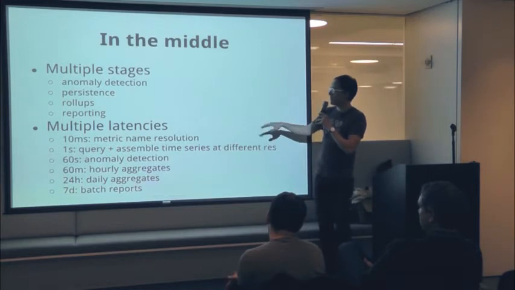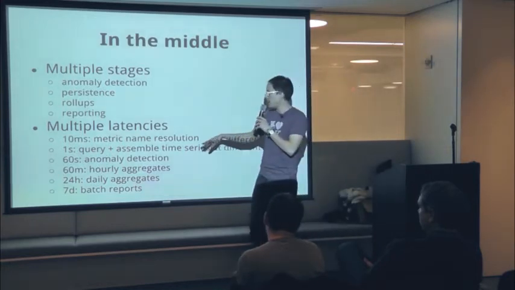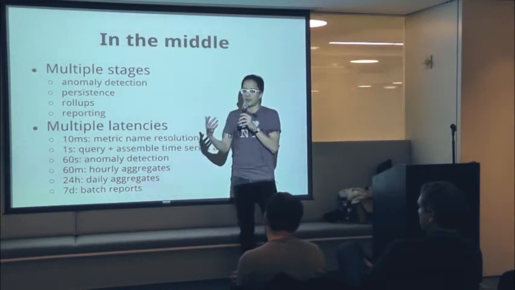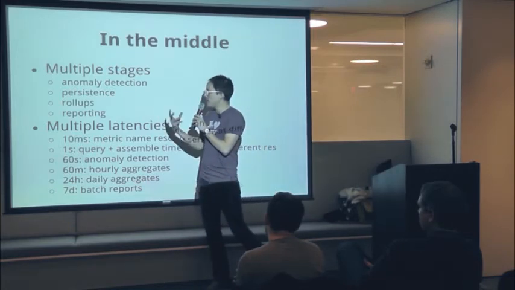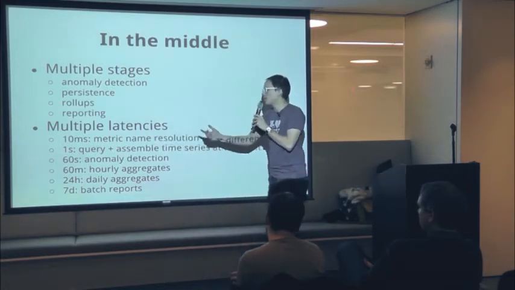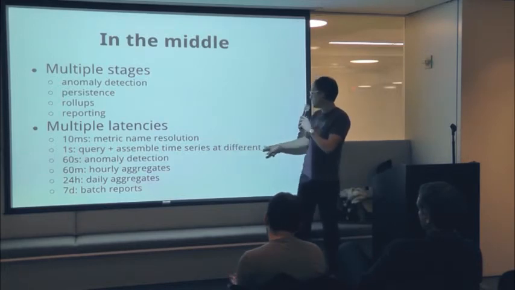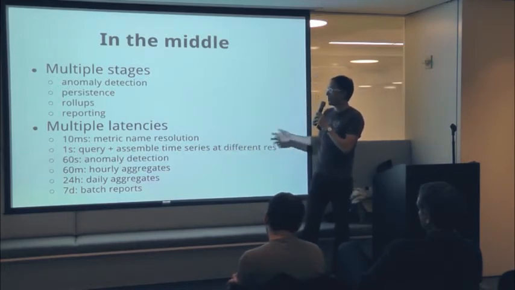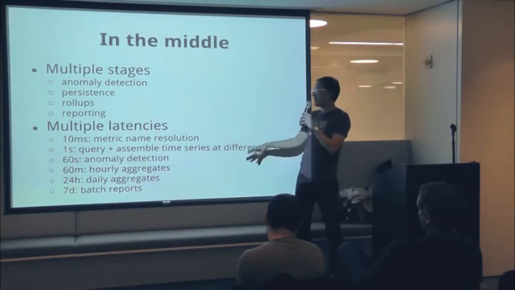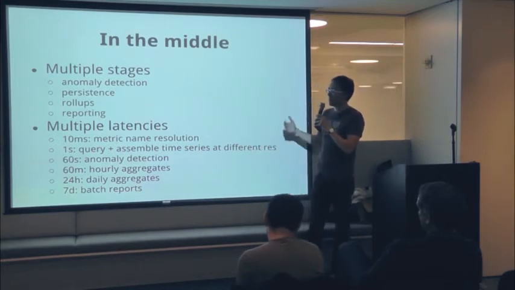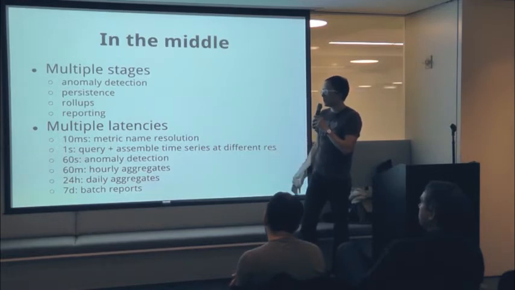The latencies that we see in the middle vary. If you want to resolve something right in the flow, for instance resolve a metric name to an actual identifier, that's 10 milliseconds. If you want to query and assemble time series, it's a different resolution: if you say I want to see a time series that spans a month, it should take about a second, not more.